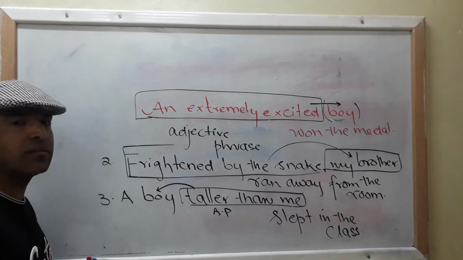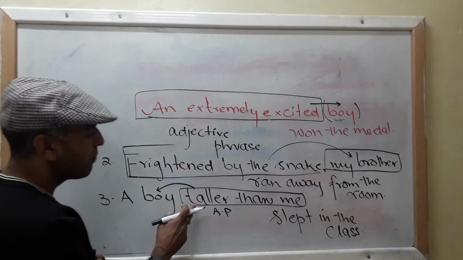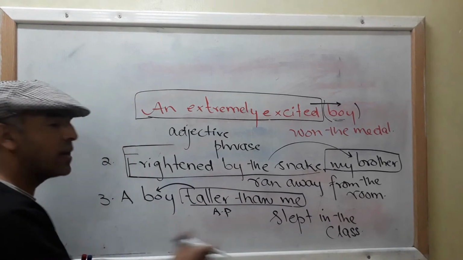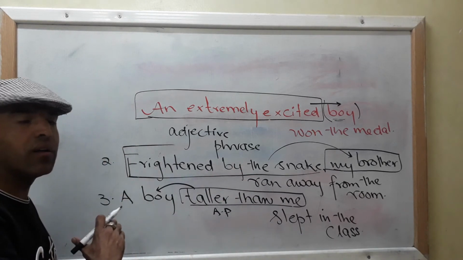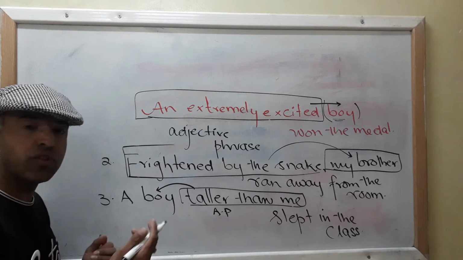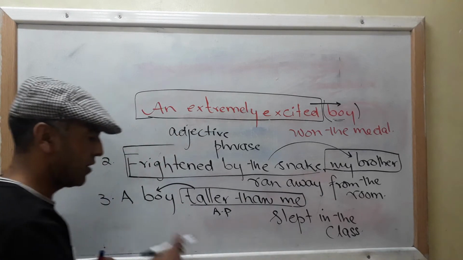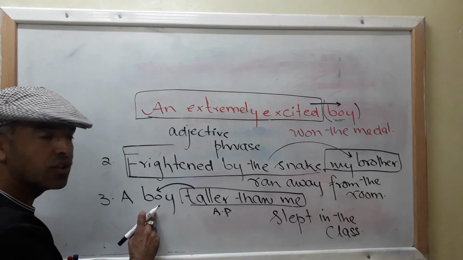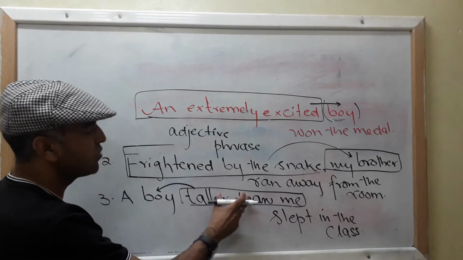How can we claim that this is an adjective phrase? Simply because this piece of the sentence is providing additional, extra information about your noun, boy. A boy, which boy? Taller than me. This part of the sentence modifies your noun boy.